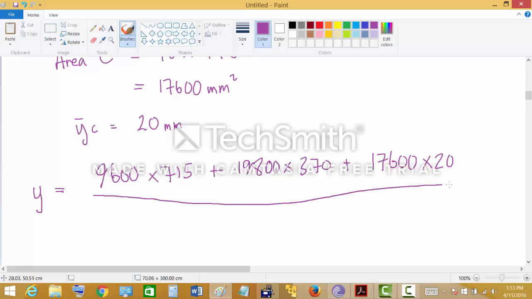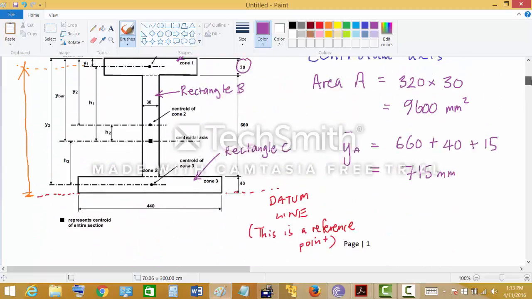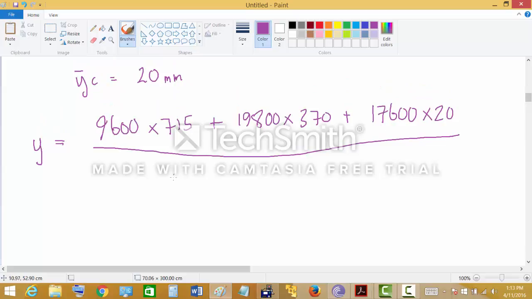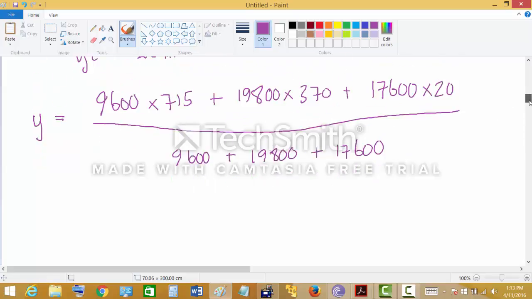Over the total areas. So total areas is 9,600. Then the calculator.